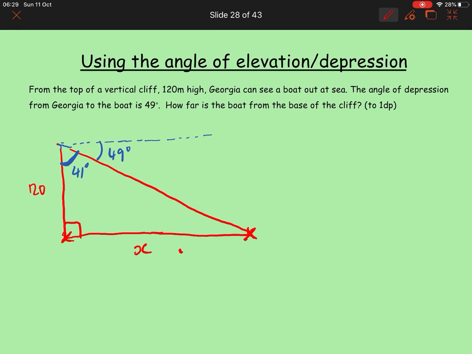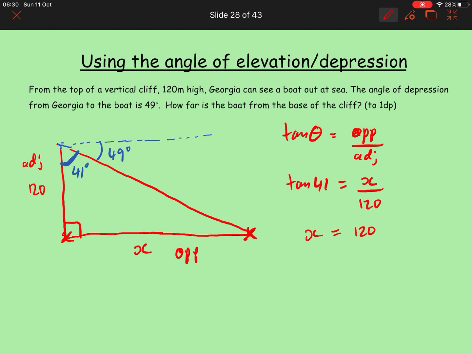This is the opposite. This is the adjacent. So it's a tan. Tan of your angle is equal to the opposite over the adjacent. Substitute in tan 41 equals x over 120.